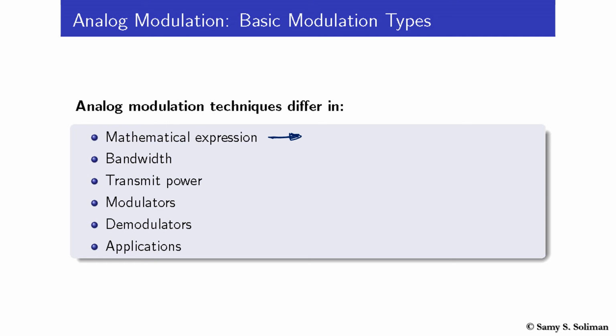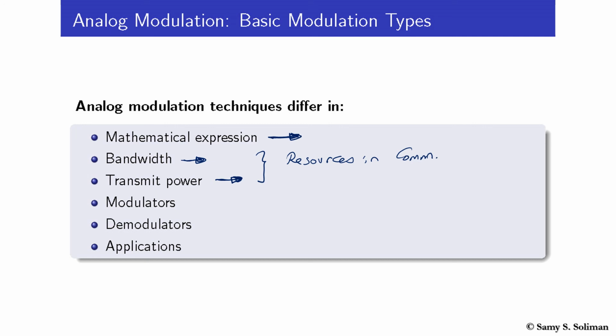Also, modulation techniques differ from each other in the bandwidth, the frequency range, and we will study together what is meant by bandwidth. They also differ in the transmit power, and these two parameters are considered the most important resources in communication systems. That's why it is very important to study the bandwidth and the transmit power after modulation, in order to compare modulation techniques to each other.